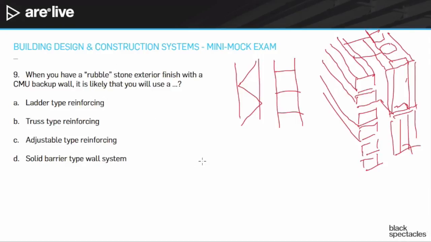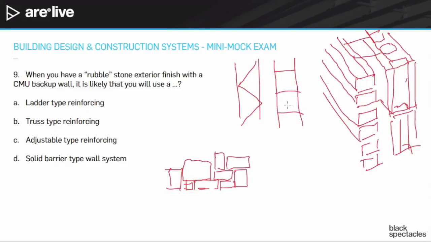So rubble is when that stone might look kind of like something like that. I'm just making it up here, right? So it's all over the place, right? In that kind of situation, if that's the look I have, I'm not likely to have a spot where everything's going to line up all the way across this whole thing.